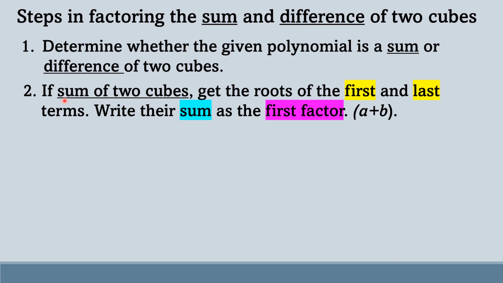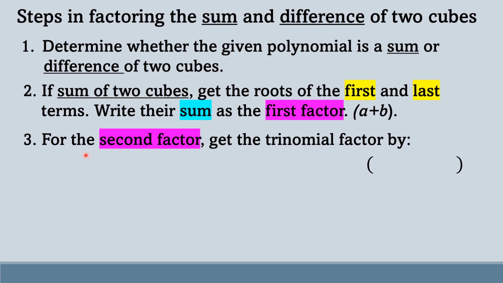If the polynomial is a sum of two cubes, we are going to get the roots of the first and the last terms and write their sum as the first factor. So the pattern of our first factor will be the quantity of A plus B.